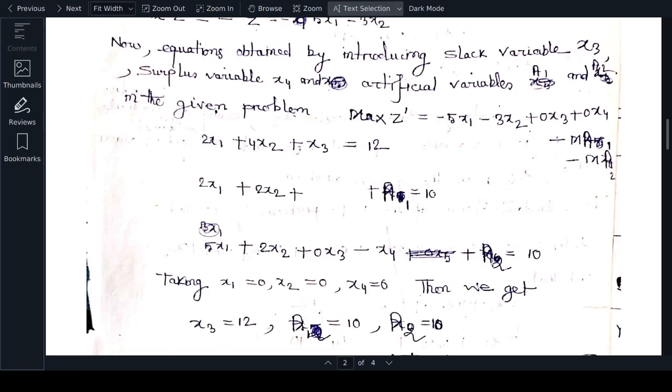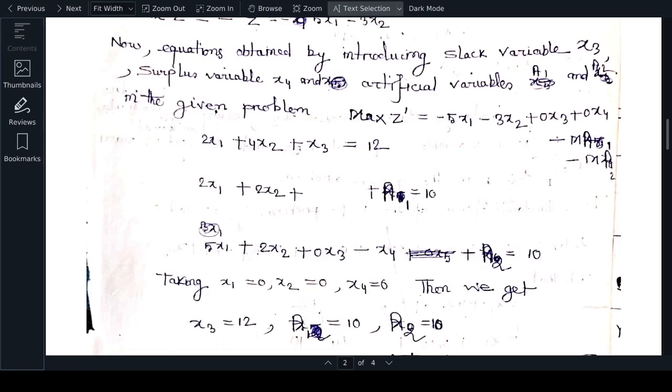Actually, after this we get one matrix format. This table actually gives us the matrix. Here the y1 coefficients, y1 meaning all the coefficients of x1, are 2, 2, 5. Then y2, the coefficients of x2, are 4, 2, 2.